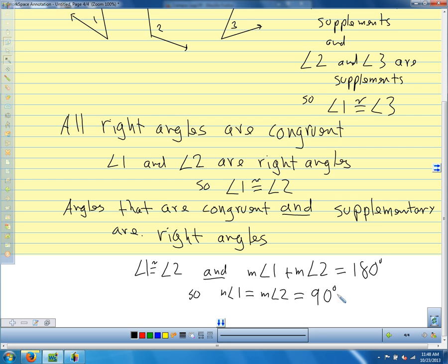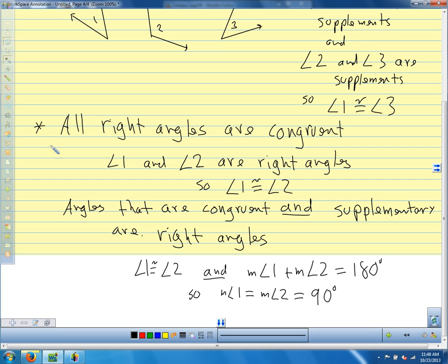And we can use that kind of idea with lots of different angles. So if we had two congruent angles that added up to 100 degrees, what would each one have to be? 50. If we had two congruent angles that added up to 90 degrees, what would each one have to be? 45. So we can use that idea for lots of different kinds of angles.